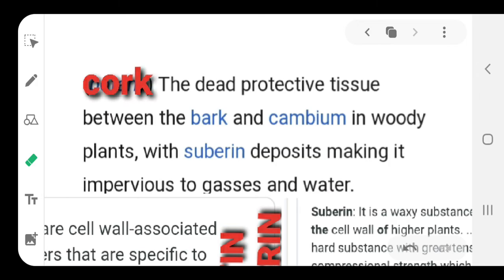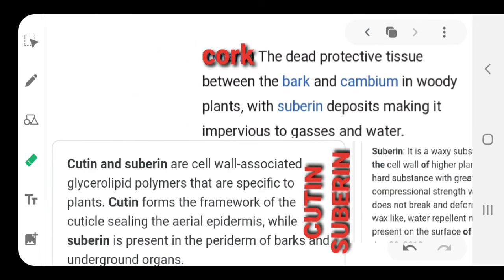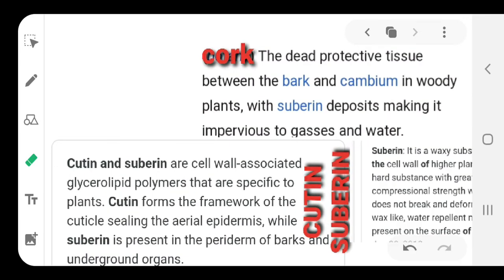And then we have also used many terms in this presentation, called cutin and suberin. Underline them. They are cell wall associated, underline the new term for them, with glycerin and lipids. So, they are called glycerolipid polymers, which are specific to plants.